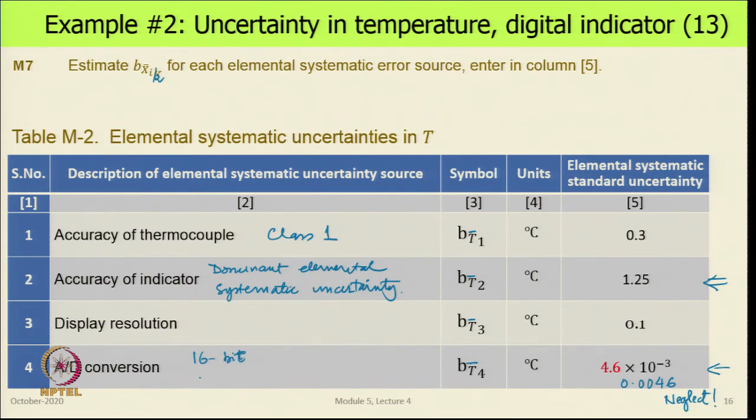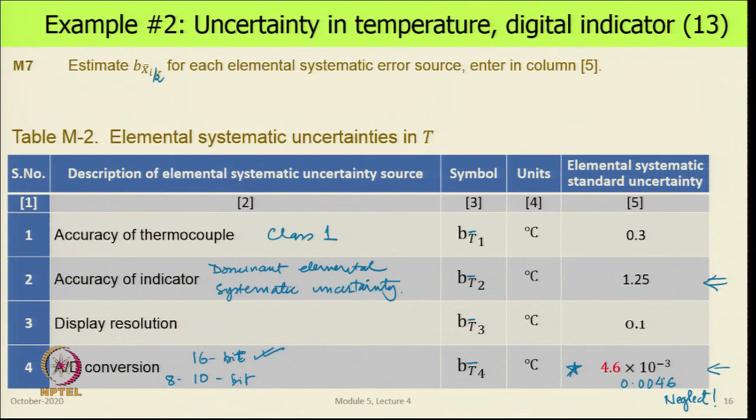Had we used say an 8 or a 10-bit converter, this number would have been comparable to say this or this, and then uncertainty coming in due to A to D conversion, that would have been significant. In that case, our strategy would have been increase the number of bits in the A to D converter, and then we could say, okay, I will take this one with the 16-bit converter.